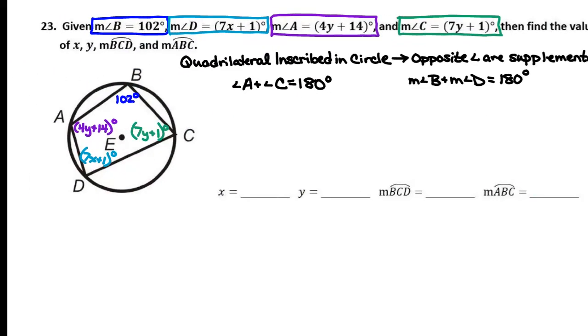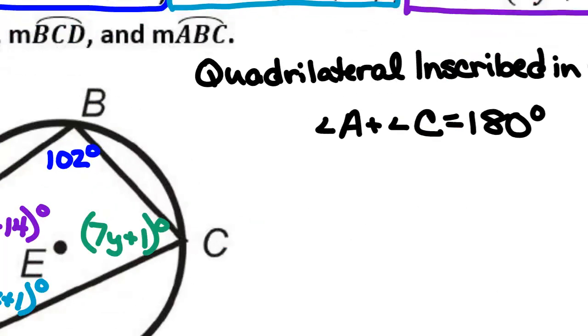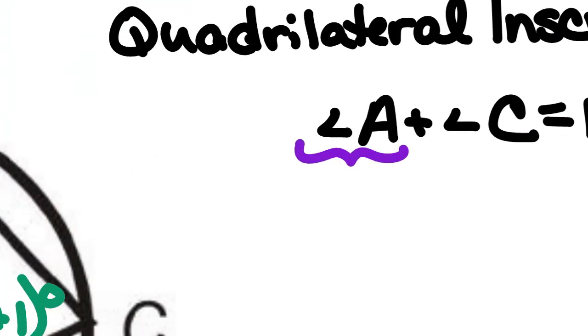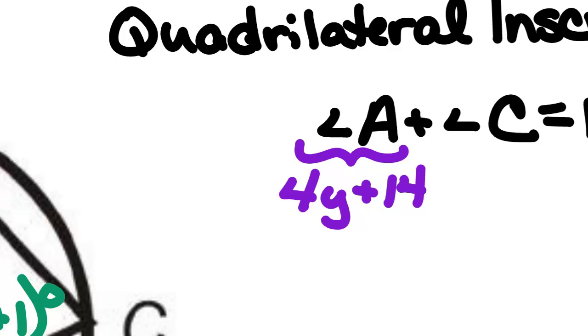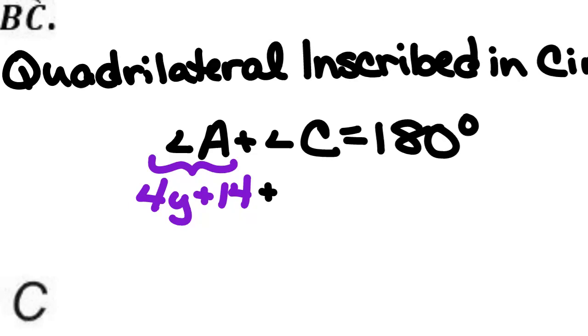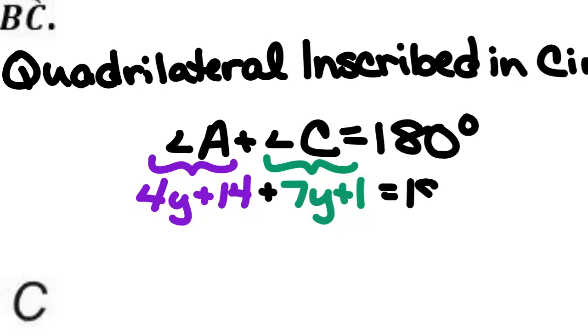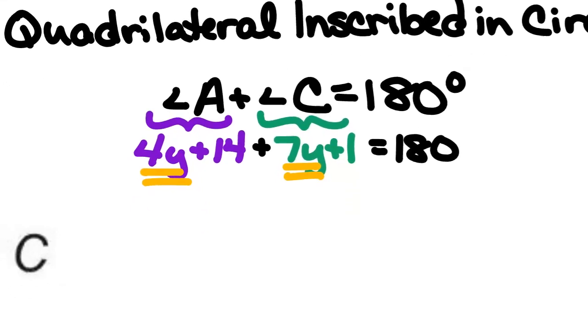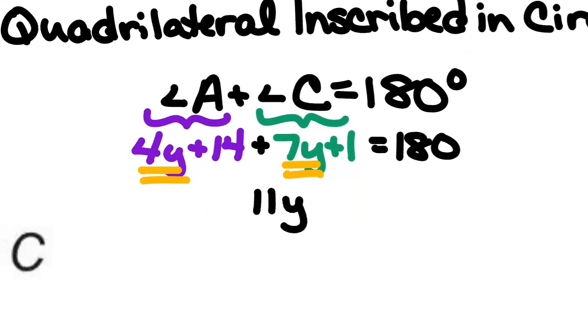How big is angle A again? 4y plus 14. And angle C? 7y plus 1. Add those together, set it equal to 180. We're going to combine our like terms. I have a 4y and a 7y that'll combine to give me what? 11y.